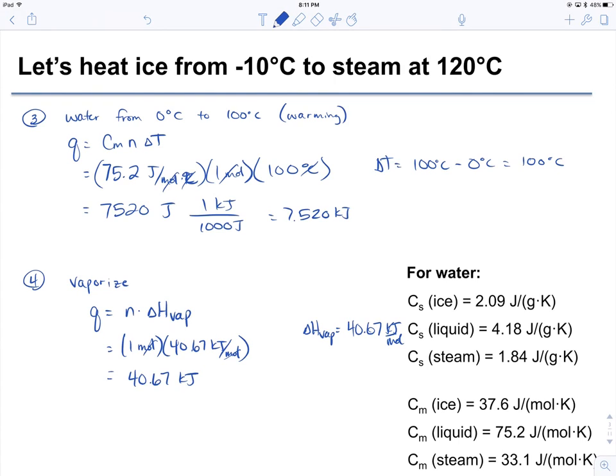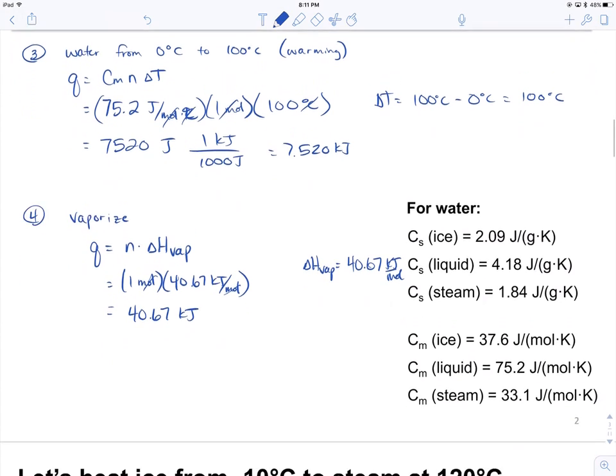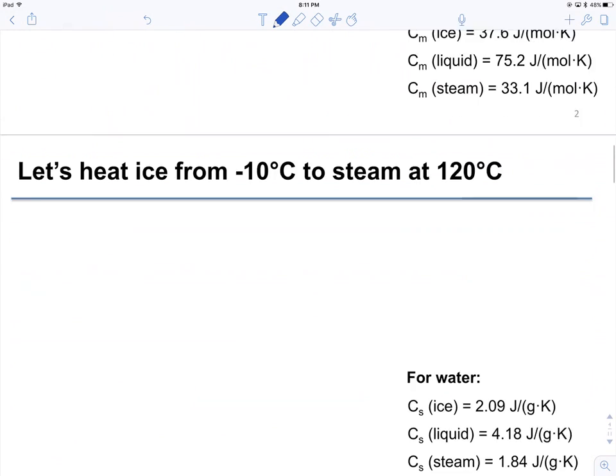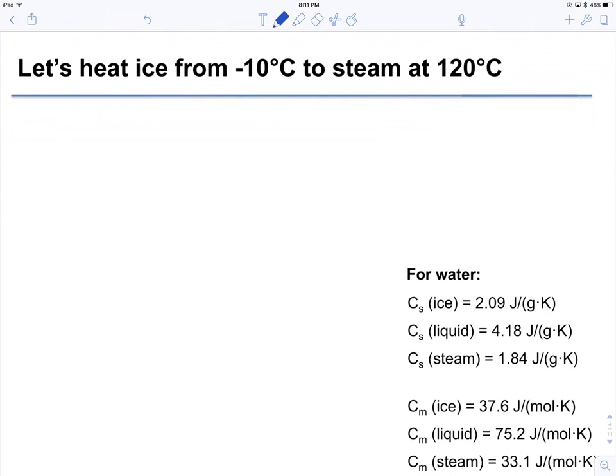So we are almost there. The last step is to calculate the energy of warming that steam. So we're warming steam from 100 degrees Celsius to 120 degrees Celsius.